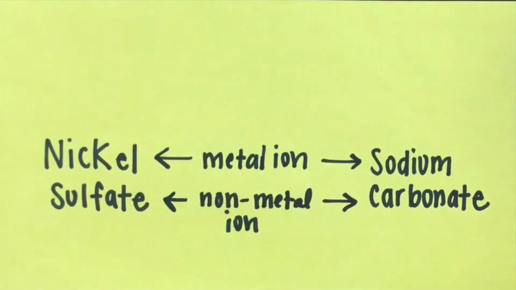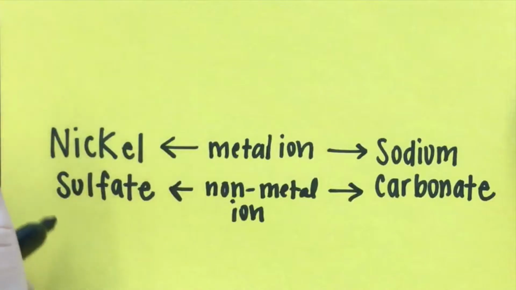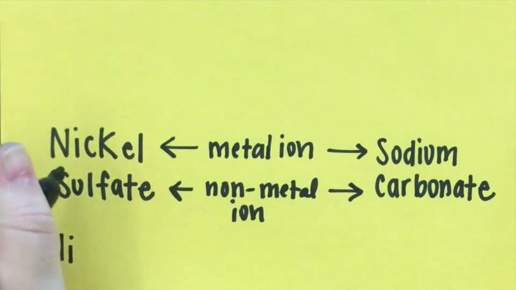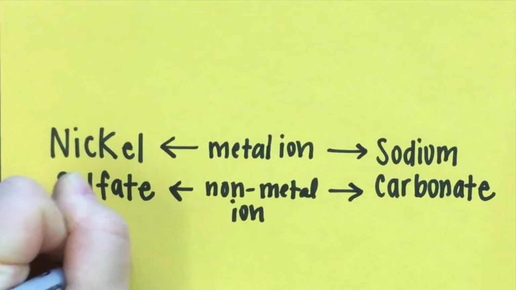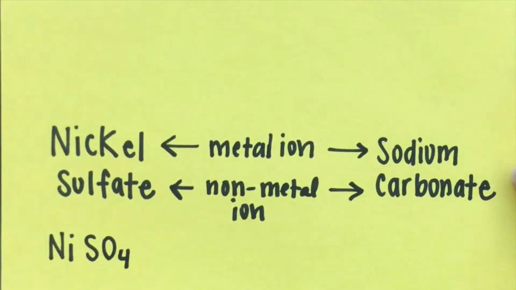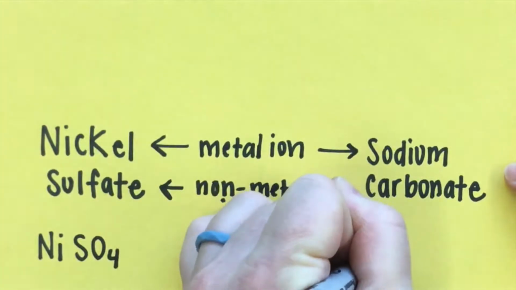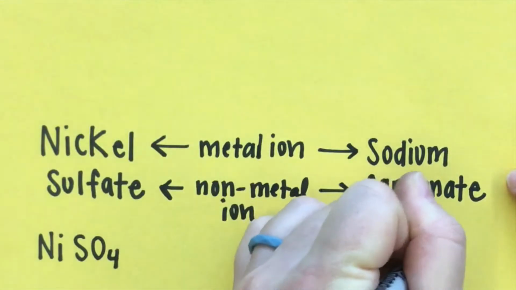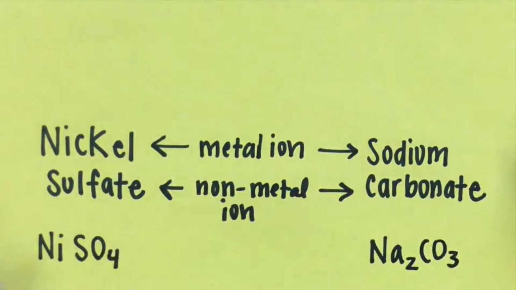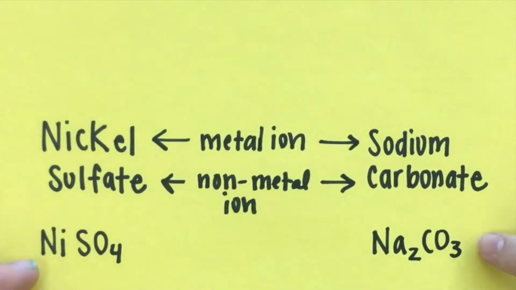So if we were to write these as salt formulas, we would have nickel, which is represented by Ni, and a sulfate attached to it. And my sodium carbonate, that's Na with CO3. So these are my salt formulas.